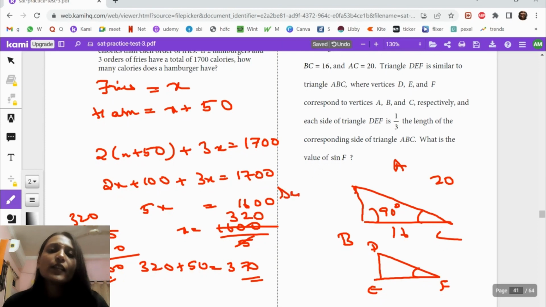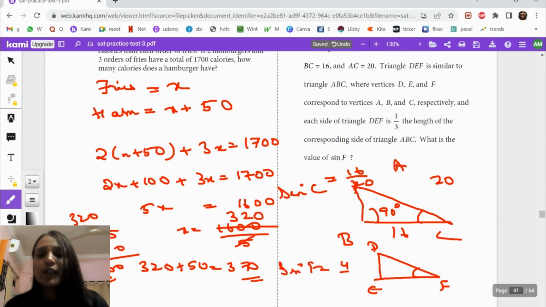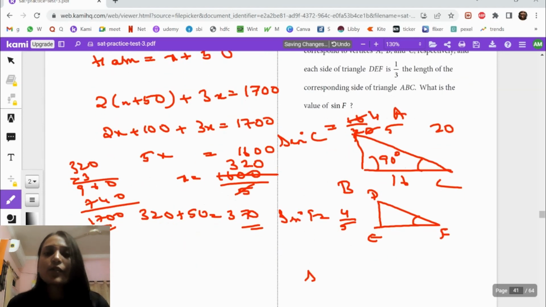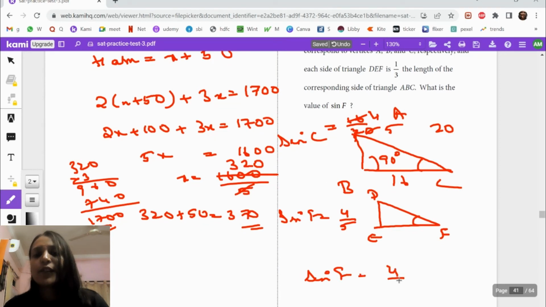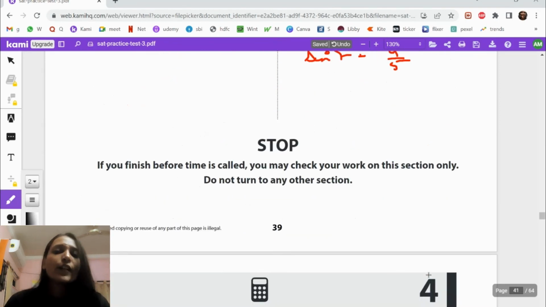So sine C is going to be nothing but 16 by 20, which would also be the value of sine F. So sine F is going to be 4 by 5, if I cancel this out. So your answer should be sine F is equal to 4 by 5.